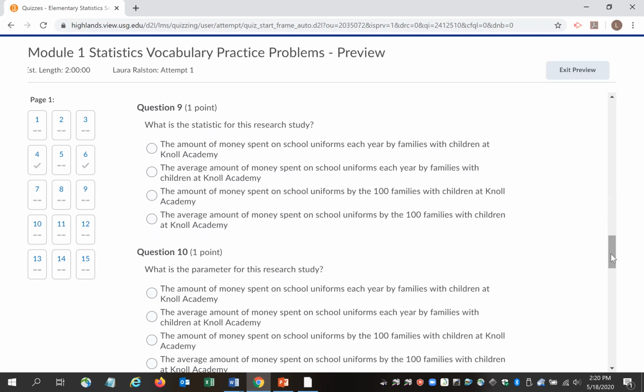But it says the answer is the average amount of money spent on school uniforms by the 100 families. So why is that word average? I thought that it would be the one without the word average, considering the question says exactly how much the family spent. Like it says one family spent 65, the next spent 75, and the next spent 95. Oh, it wants to know the average.